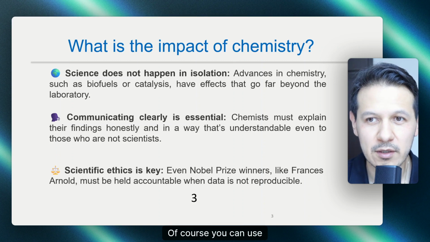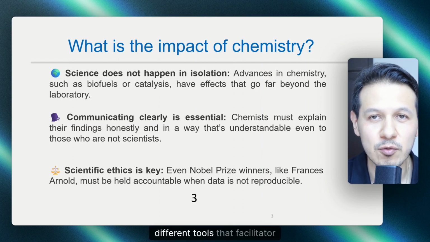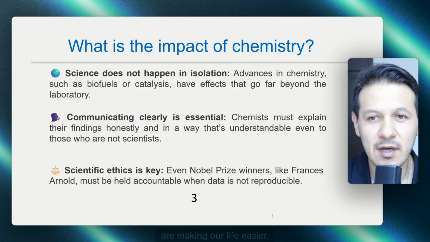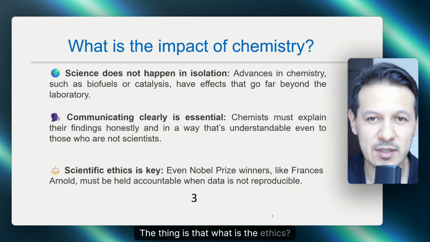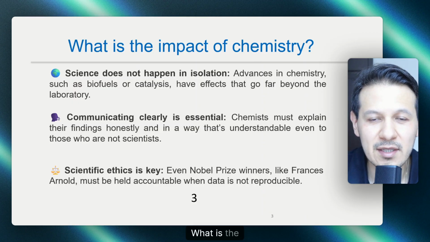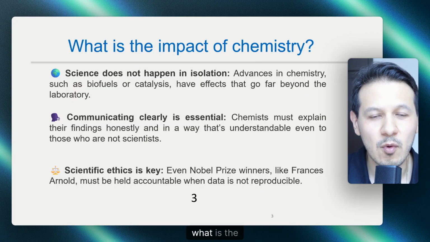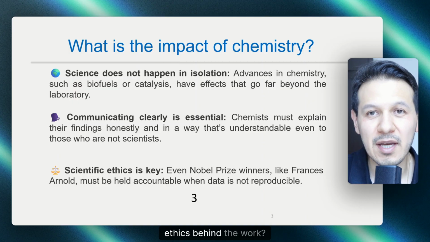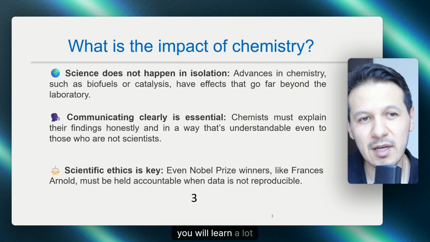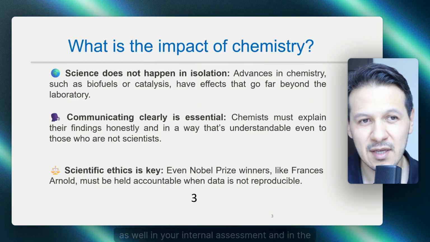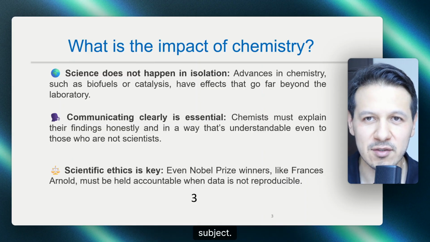Of course, you can use different tools that make our life easier. The thing is, what is the ethics behind the work? You will learn a lot about this as well in your internal assessment and in the subject.